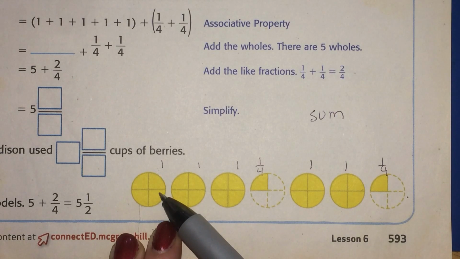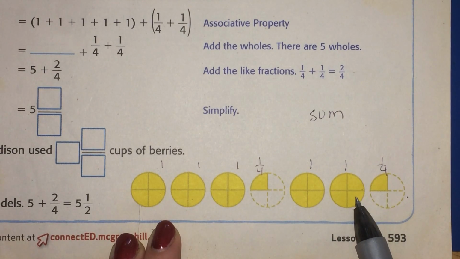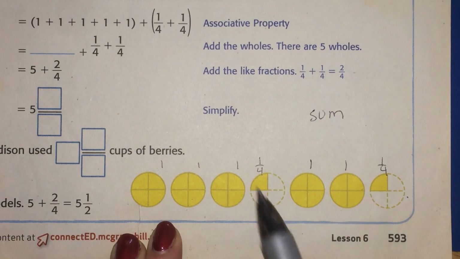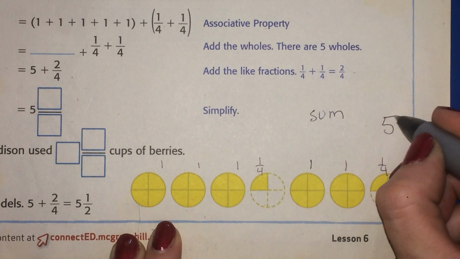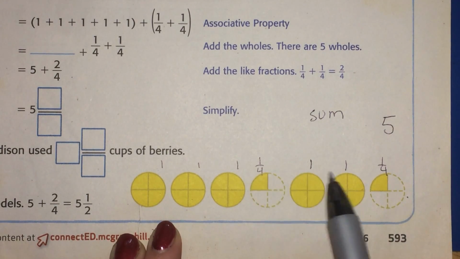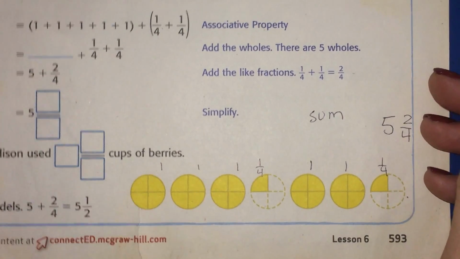Well, I see 1 whole, 2 wholes, 3 wholes, 4 wholes, 5 wholes. And I see 1/4 and 2/4. So 5, and 1/4 and a 1/4 makes 2/4.